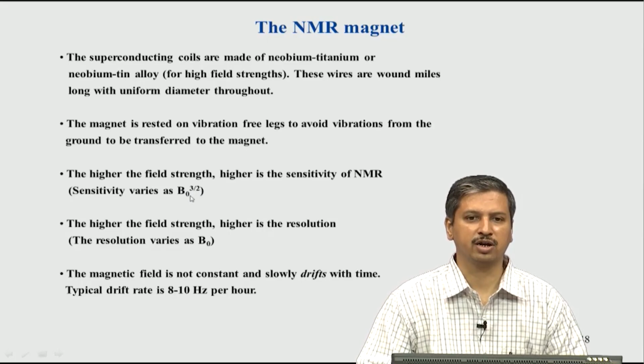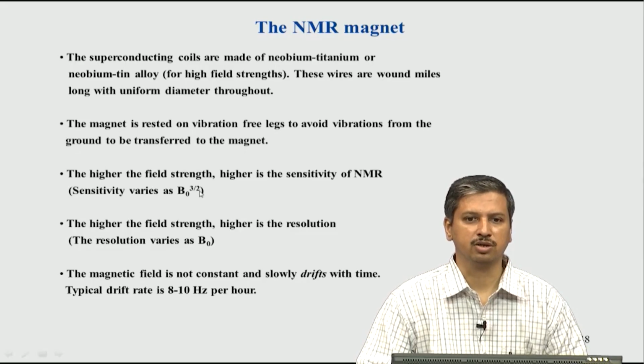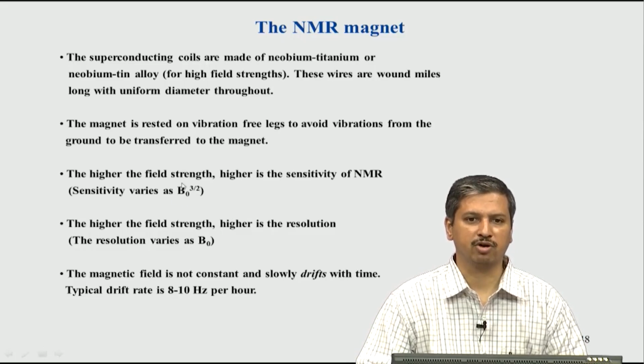So, if you go from 500 megahertz to 800 megahertz, although you have gone up only by 60%, you actually double the sensitivity. Sensitivity is basically the holy grail in NMR. There is always a push for higher and higher sensitivity, and therefore a lot of money and research goes into how to increase the magnetic field, and that is a major focus.